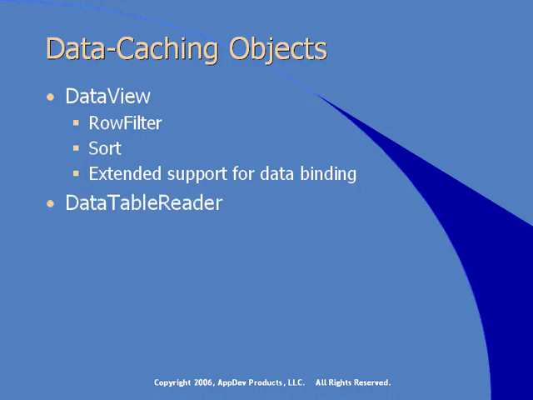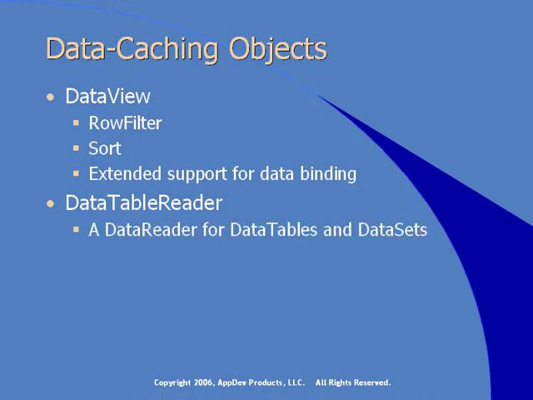And then there's also something that was added in ADO.NET 2.0, and that's a data table reader. People really like the fast way of being able to stream data out of a database, and they wanted to be able to do that with the data in their data sets and data tables. So Microsoft provided a data table reader, which acts like a data reader, but the source of the data, instead of being in a database and requiring a .NET data provider, the source of the data for a data table reader is your disconnected data in a data table.